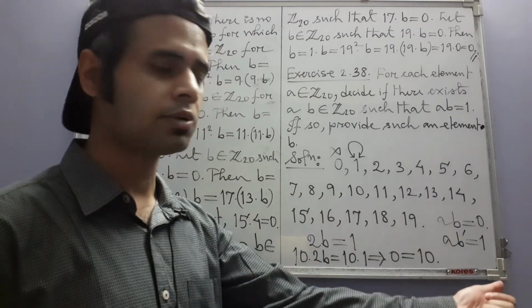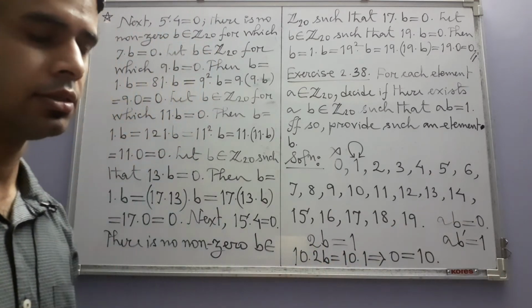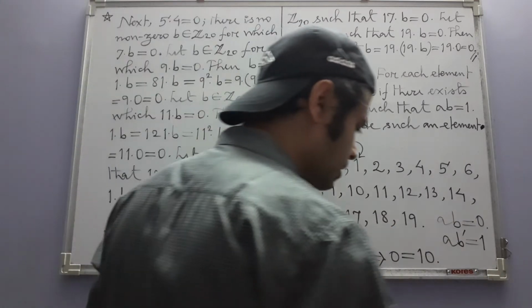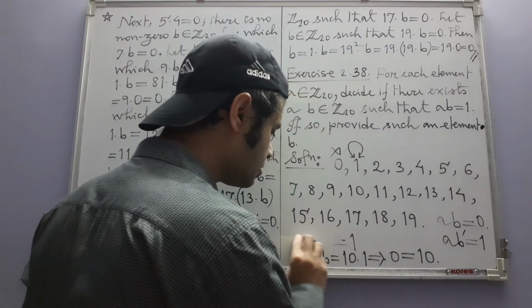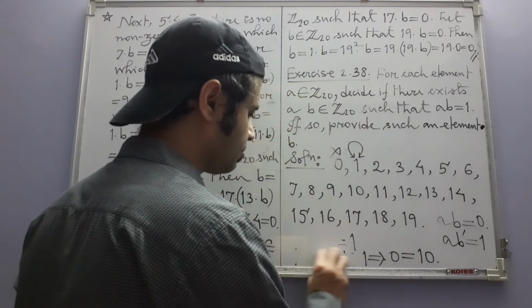So 0 is equal to B, that is a contradiction. So for such elements, these new B's cannot be found.